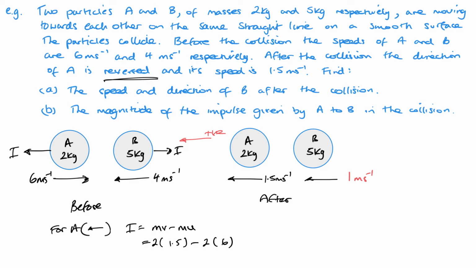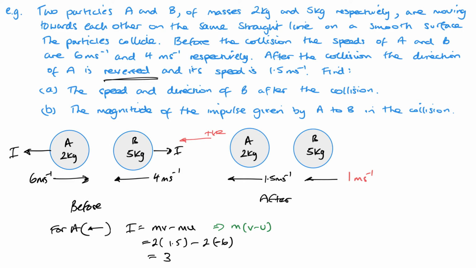And again, I just need to be careful with the direction. The direction we're going is from right to left. So my 6 is going to be negative. Obviously, with these being the same mass, often you might see this written a little bit more like v minus u as well, if that mass is the same like it is in this case.